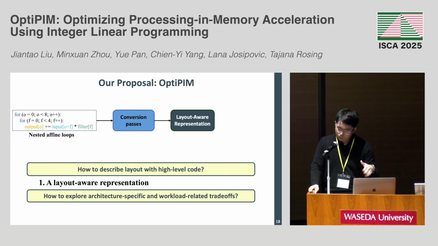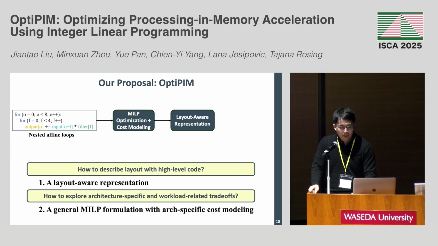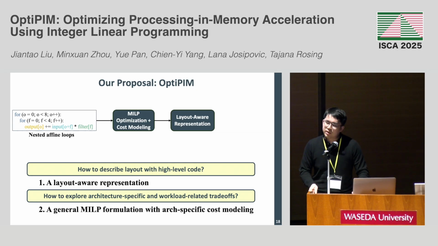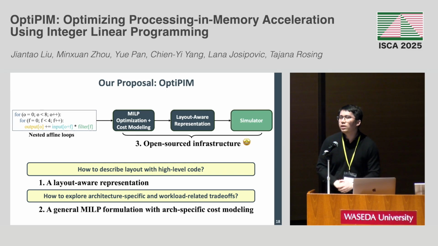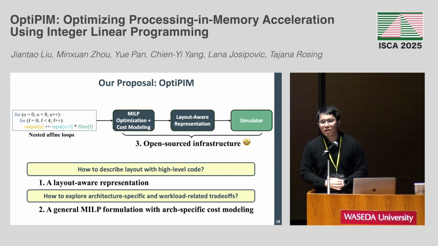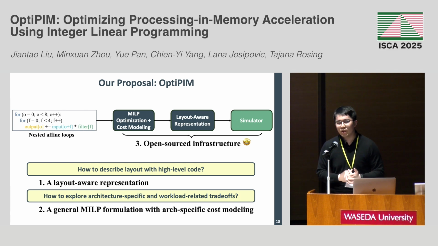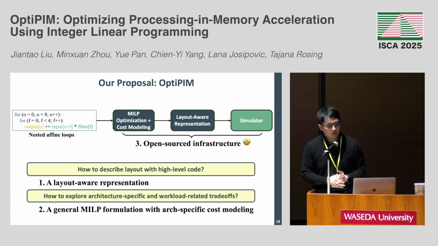And secondly, as we want to do things automatically, to answer the second question, we propose a general mixed integer linear programming formulation with architecture-specific cost modeling to automatically generate the best mapping based on our cost modeling. And of course, everything is open source. We implement most of it in MLIR together with a cycle-accurate simulator adapted from Ramulator 2.